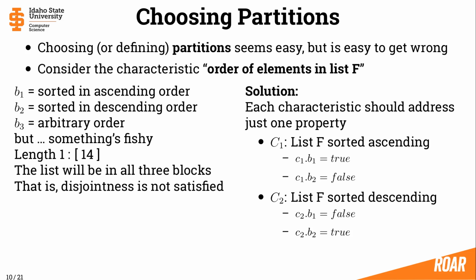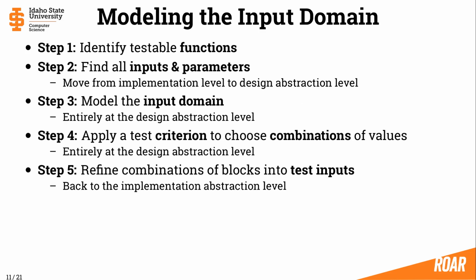And this means that across these it's either ascending or it's descending, but it's never both, all right? So now, even a list of 1 can be in only one block at any one time. So we'll look at that.